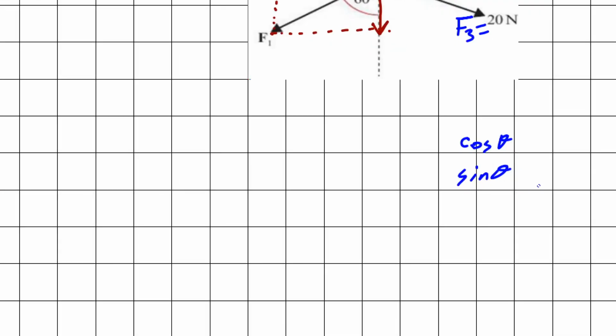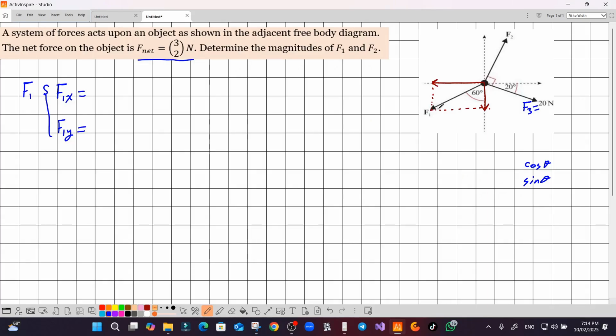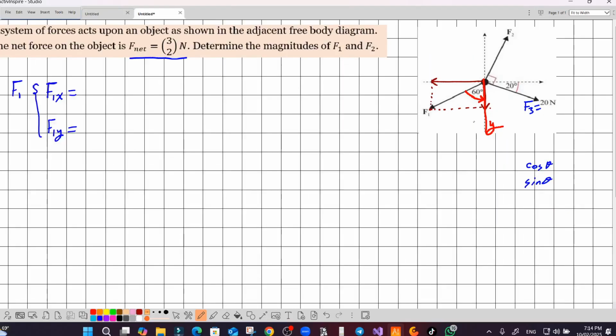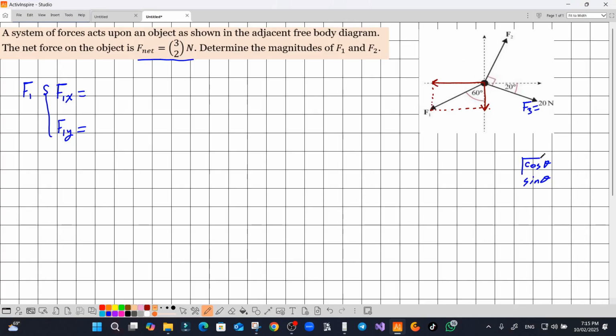Now, this angle here represents the angle between the force and one of the axes. Since the angle here is measured with respect to the y-axis, this is the y-axis here, so this force has an angle from the force to the y-axis, then we must apply the cosine for the Fy.